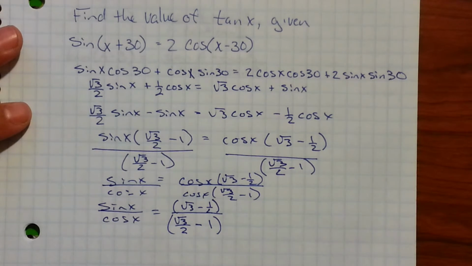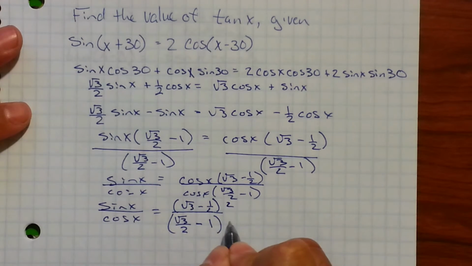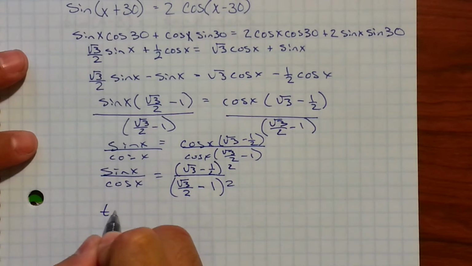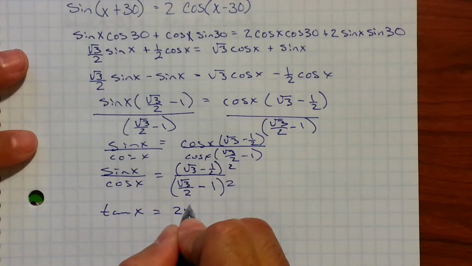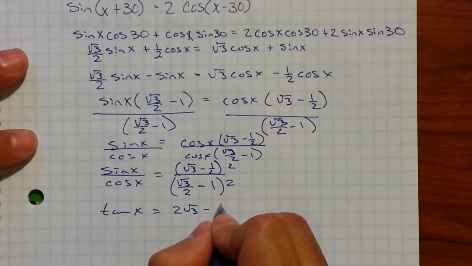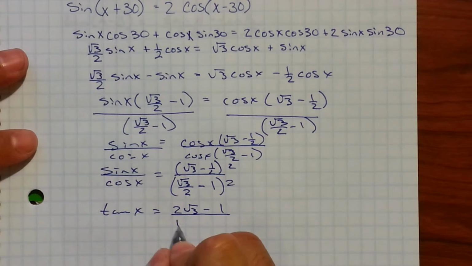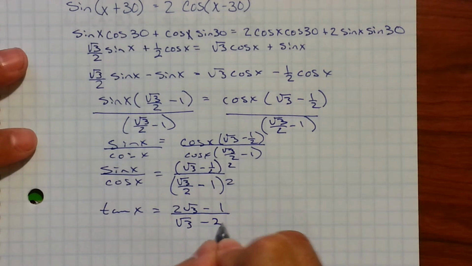Let's clean up that fraction, so multiply top and bottom by 2. So sine over cosine, my tangent x, is equal to 2 radical 3 minus 1 over radical 3 minus 2.